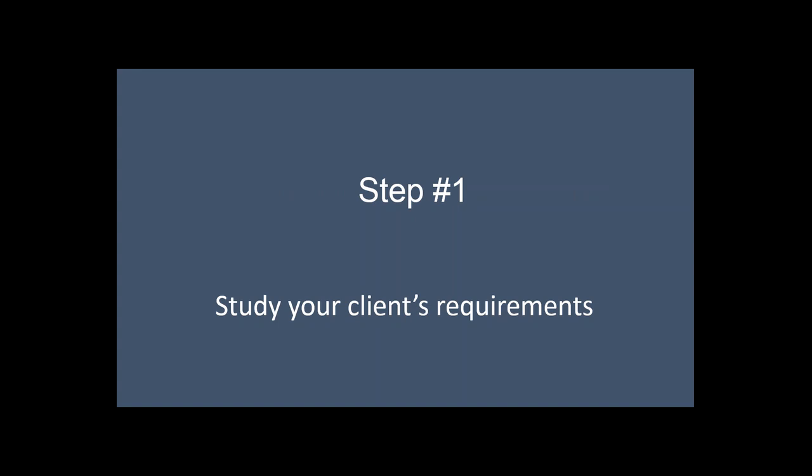So understand what his taste is, and that is the reason I have shown you the form I provide to my customers. Ask them as many questions as you can. Ask them their favorite website. Ask them their favorite color scheme. Ask them which kind of logos they loved. Ask them how they want to position themselves in the market. So study your client's requirement. That is step number one.